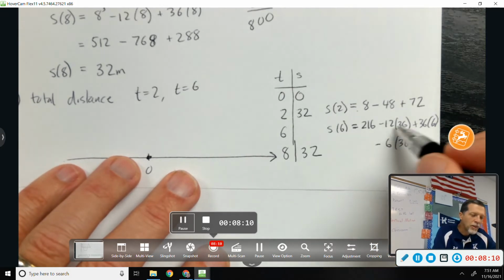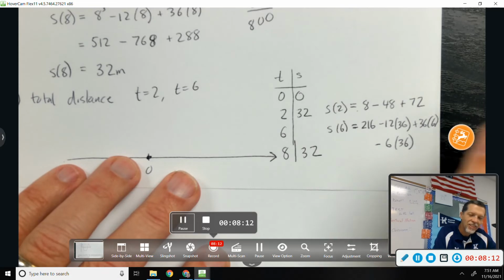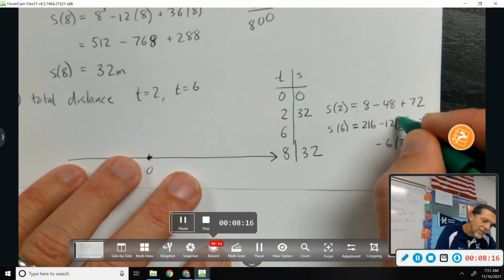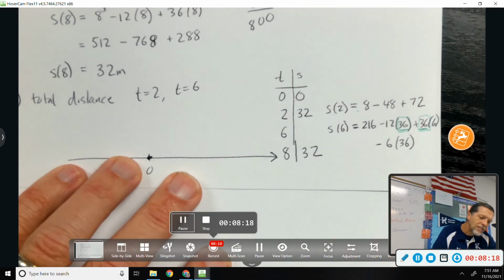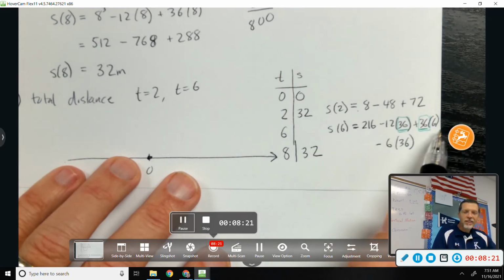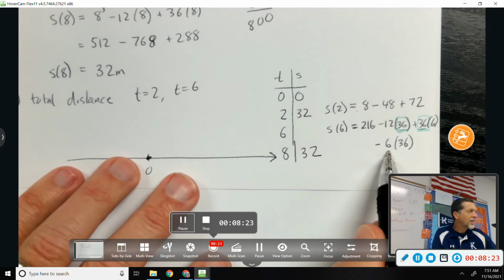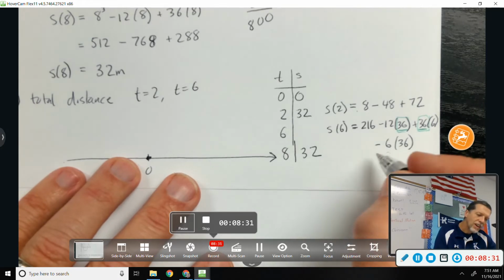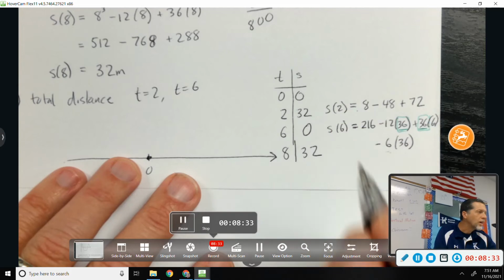Rather than multiply 12 and 36 and 6 and 36, I'm going to hold the 36. Negative 12 of them plus 6 of them is negative 6 of them. And 6 times 36 is 216. So actually S of 6 turns out to be 0.